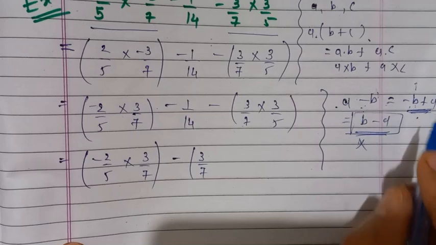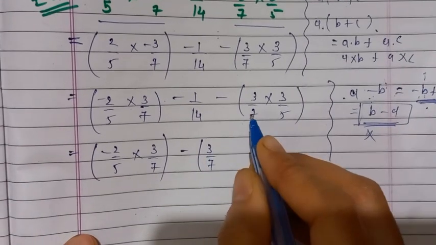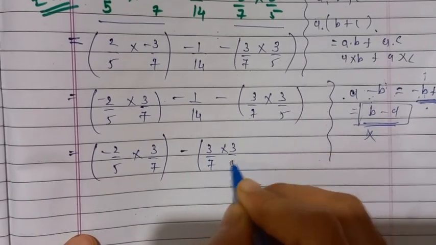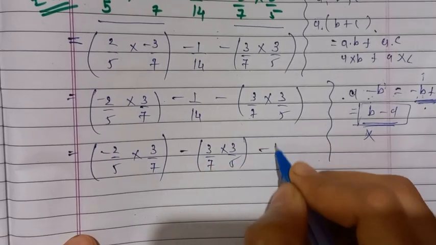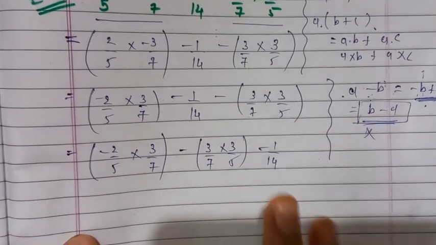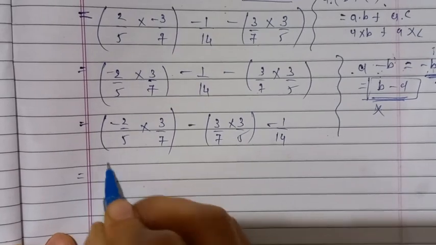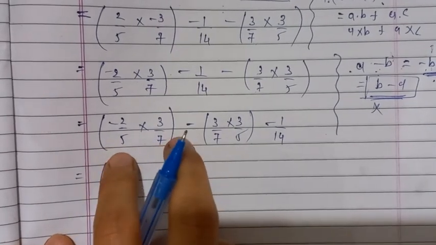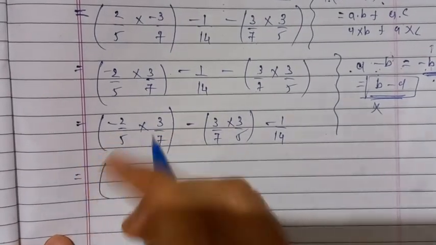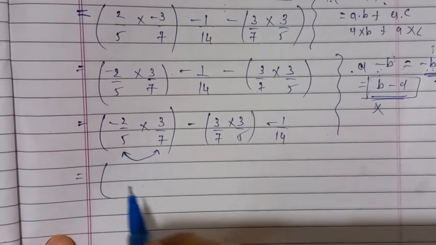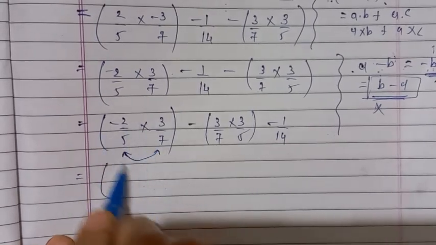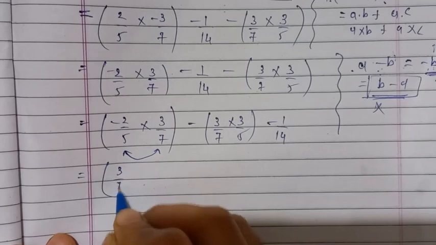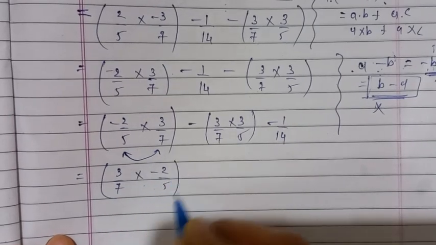So we can write 3 by 7 into 3 by 5 with its sign first and minus 1 by 14 after, and the answer will not change. Now in multiplication we can also change the order. We can interchange the positions, so 3 by 7 and minus 2 by 5.